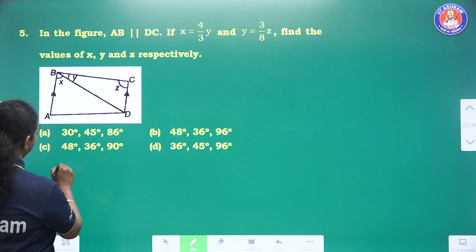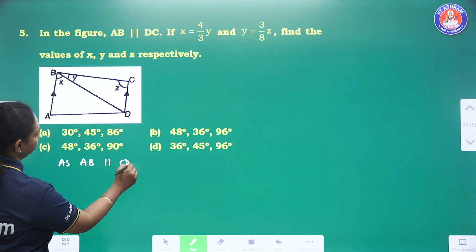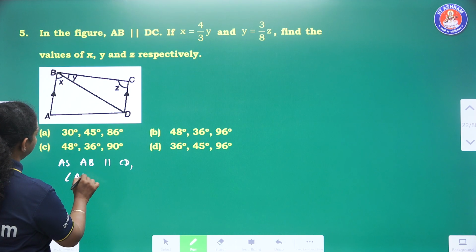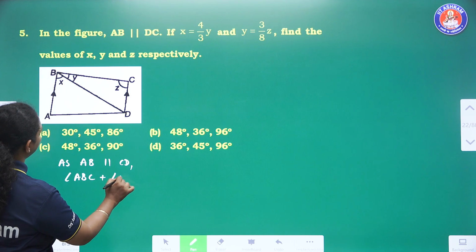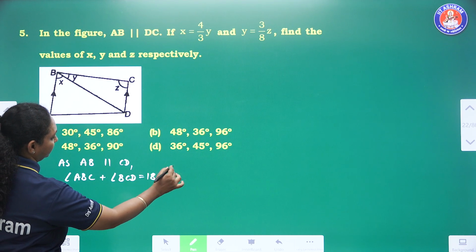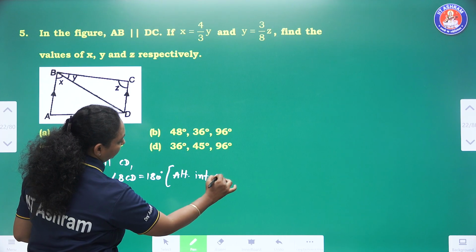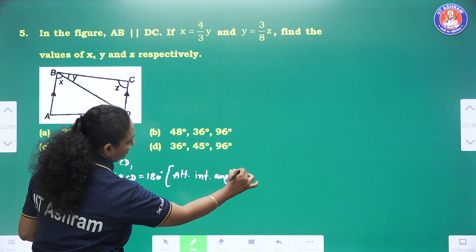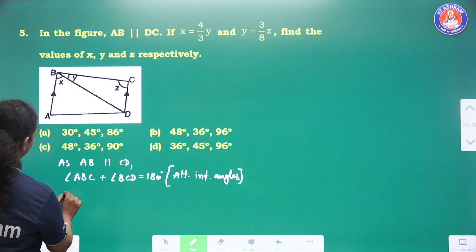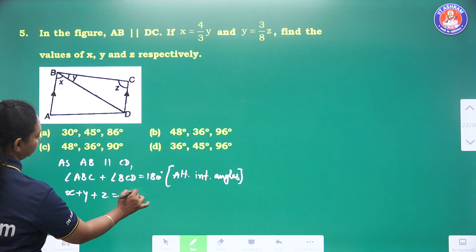So we can write that as AB is parallel to CD, angle ABC plus angle BCD is equal to 180 degree. Is this clear? So x plus y plus z is equal to 180 degree.